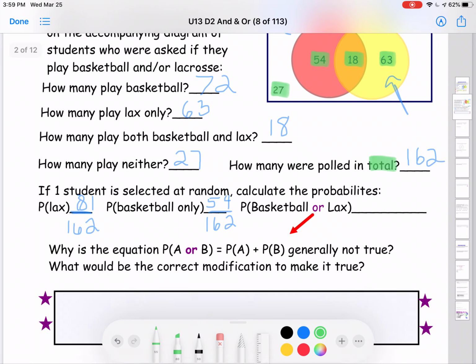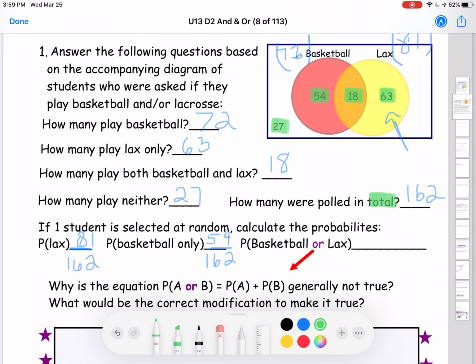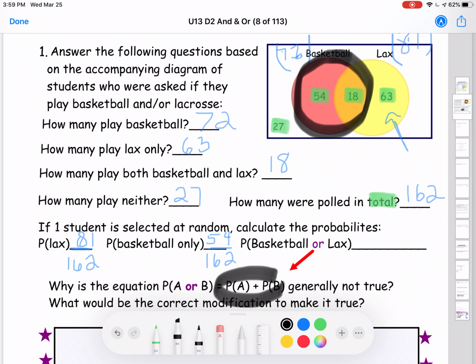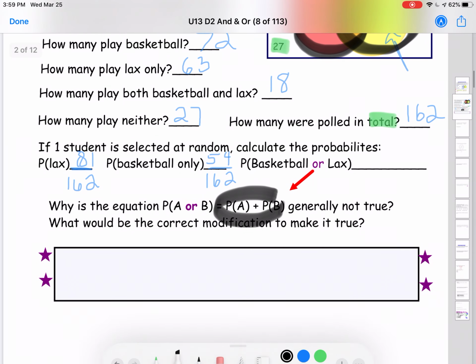Let's go back up top and take a look. If I want to know why this isn't true, well, if I take the probability of A, 54 plus 18, and then 63 plus 18, didn't I count the 18 twice? So therefore, the formula looks like this.